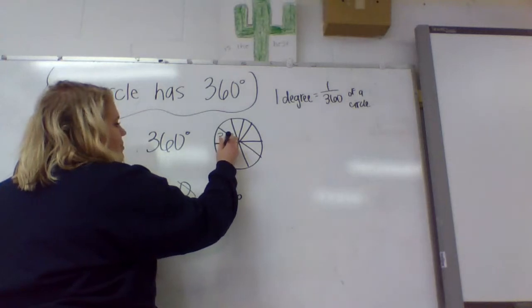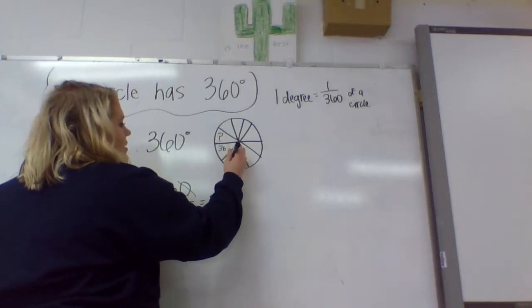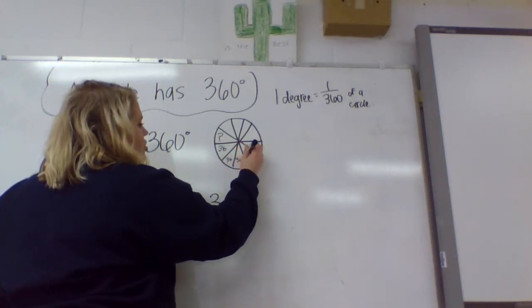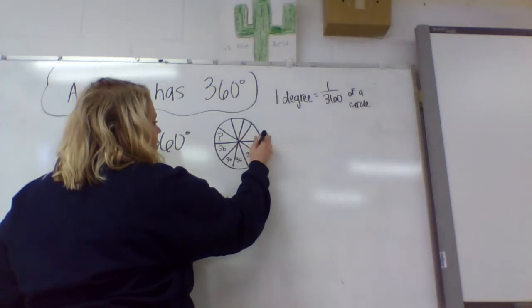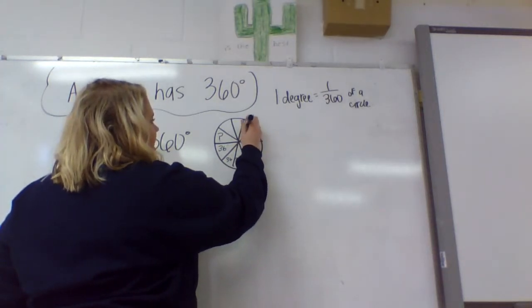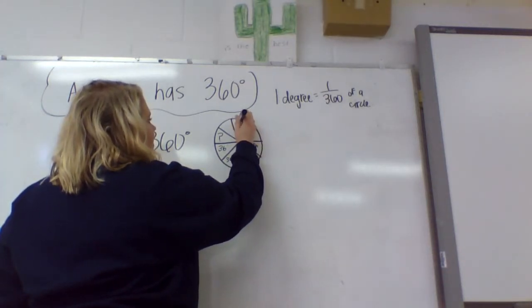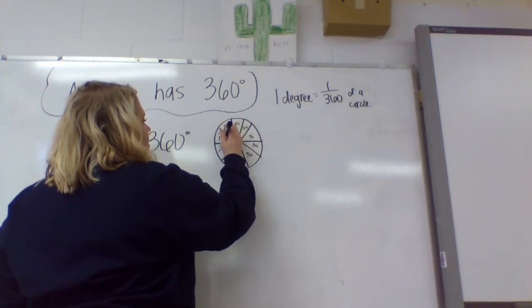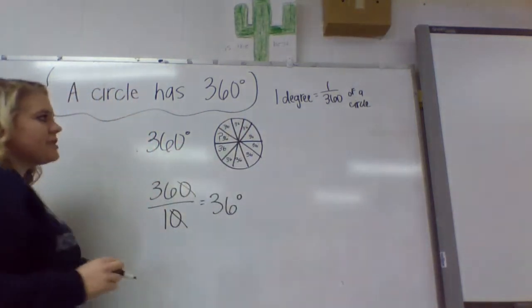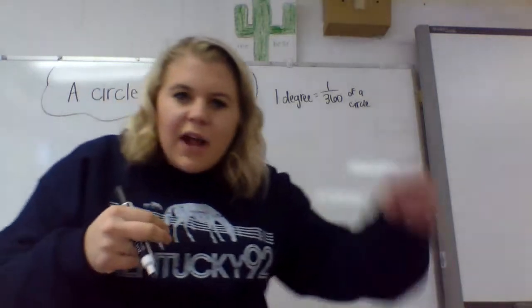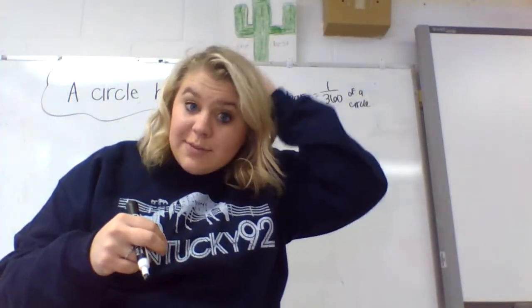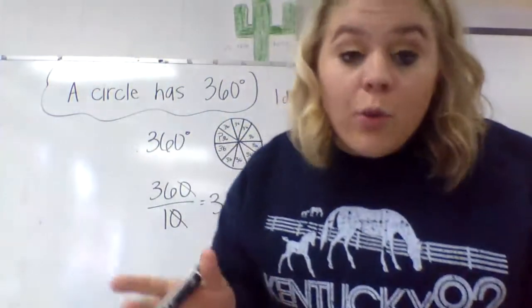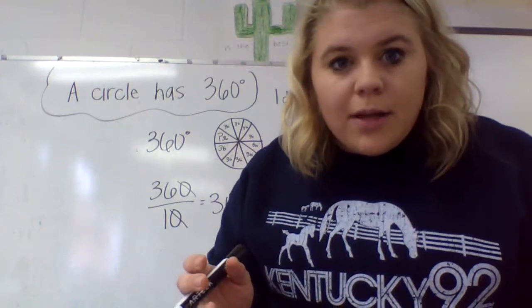So each of these pieces is 36 degrees, because if I did 36 times 10, I would get 360. If you're dividing by a 2-digit number, it's going to be more difficult than division we had done before, but we're going to be able to figure it out.